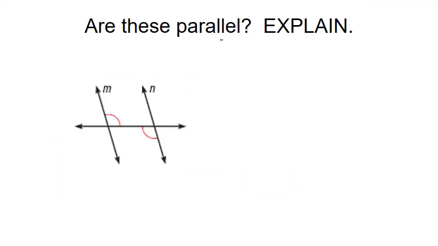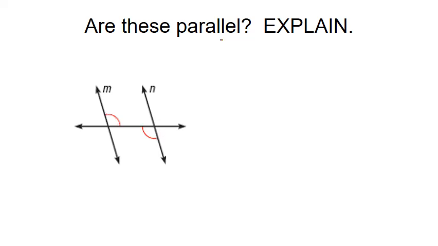Okay, so we're going to go through some examples and feel free to write as many or any or all of them in your notes. We're asking, are the lines M and N parallel? And we need an explanation. In our diagram we have these little hash marks on the angles. This red hash mark is saying that this angle right here is congruent to this angle, right?